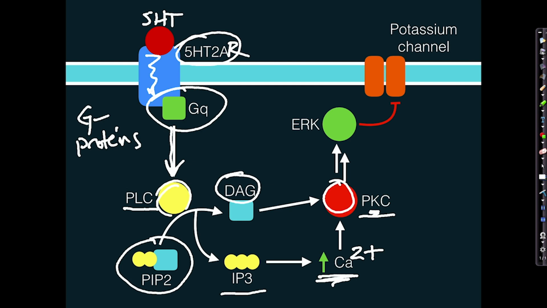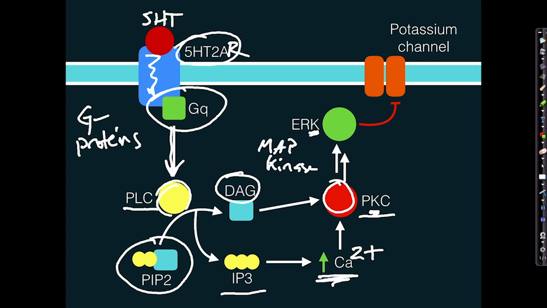Now, PKC then, through a number of steps, a number of stages, so a number of kinases, leads to the activation of this kinase called ERK, E-R-K. Sometimes you will see ERK referred to as MAP kinase. Again, names aren't important, but it's a kinase.